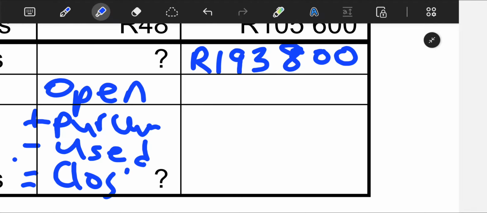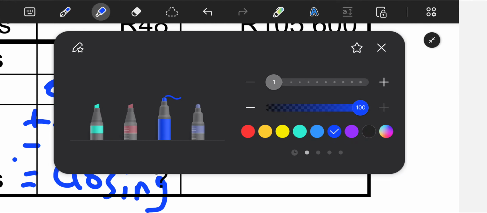You don't even have to memorize this. It just makes sense. Because what you opened with, you add what you bought, then that is what you have. Now you use something. After you use something, then you are left with the closing. You don't even have to memorize these, guys. You just have to understand. It makes sense.